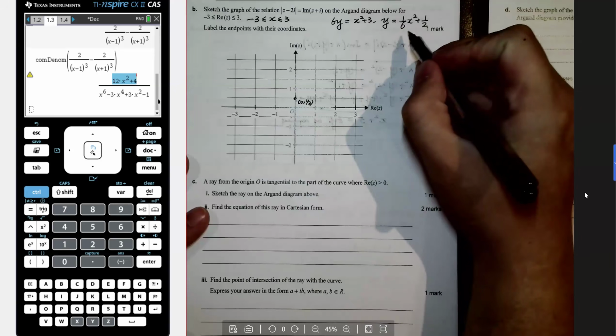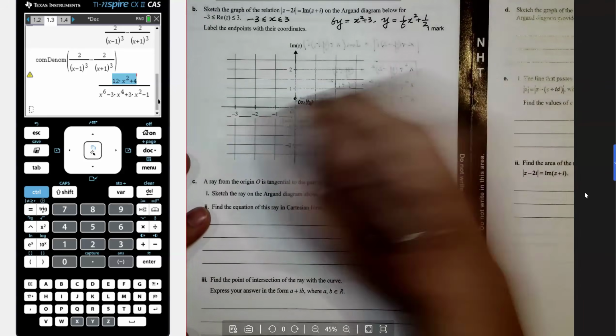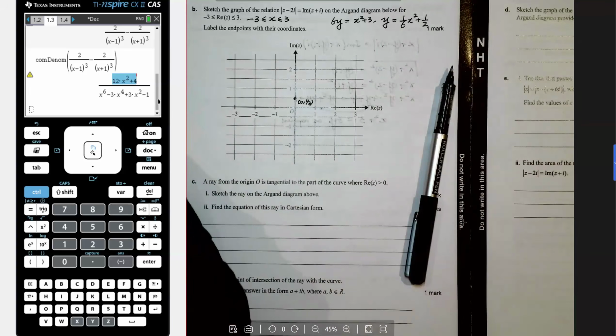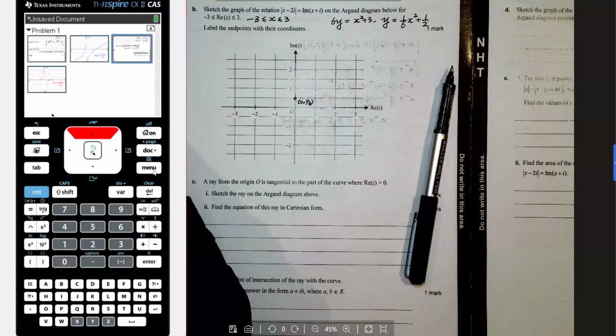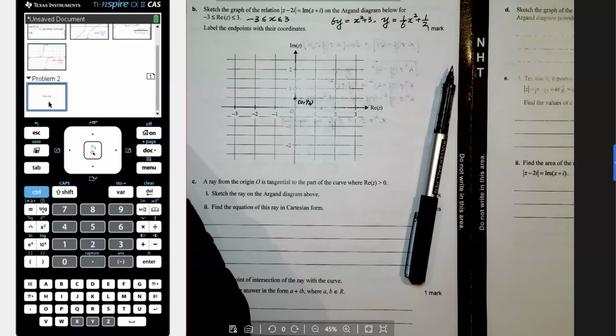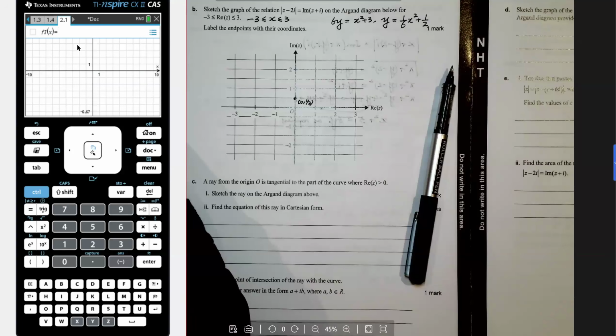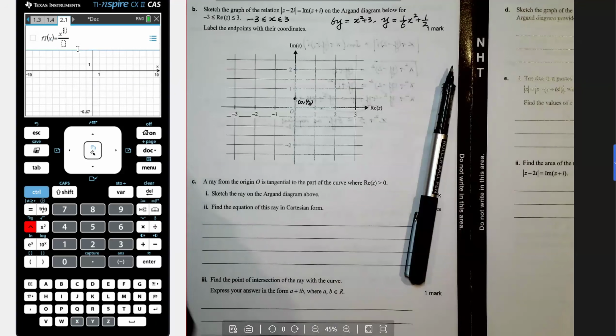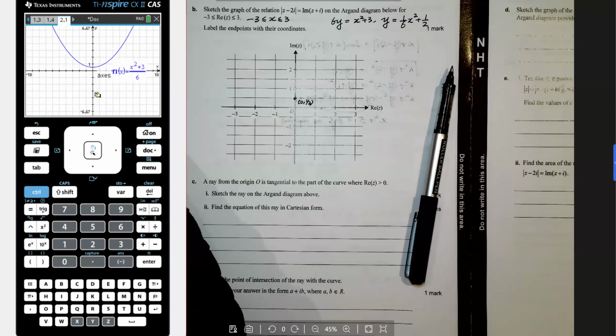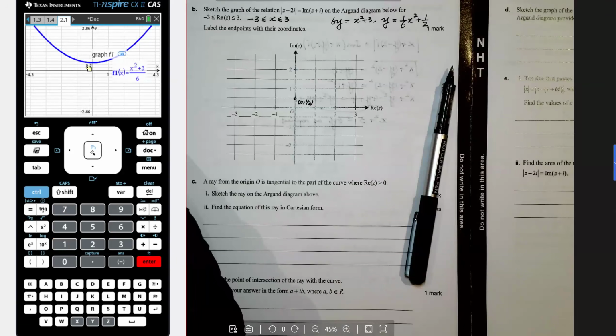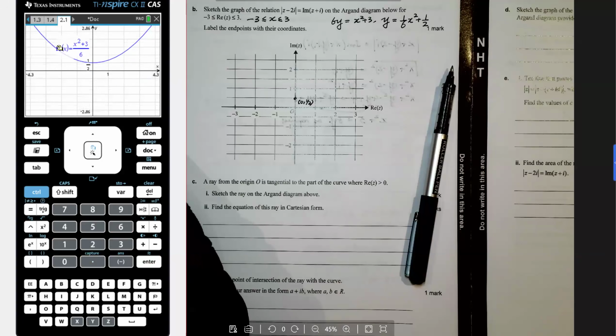Let me create a new graph, x² + 3 divided by 6, and zoom in a little bit. Scale is 1, this is 0.5.